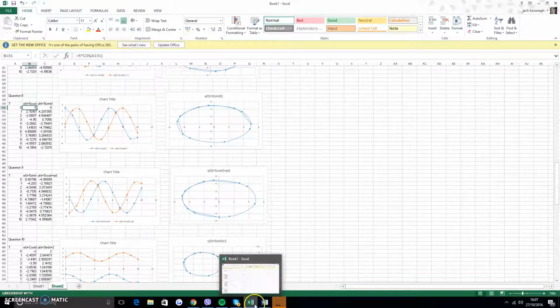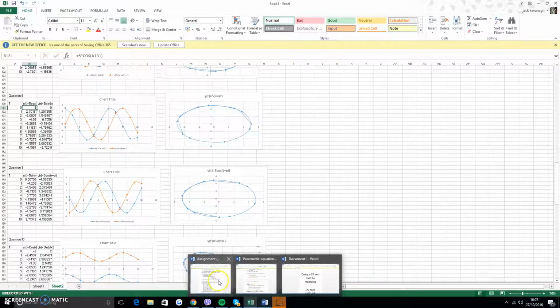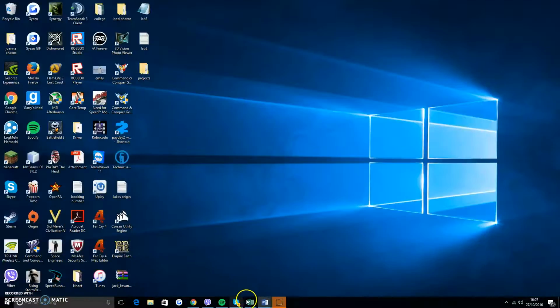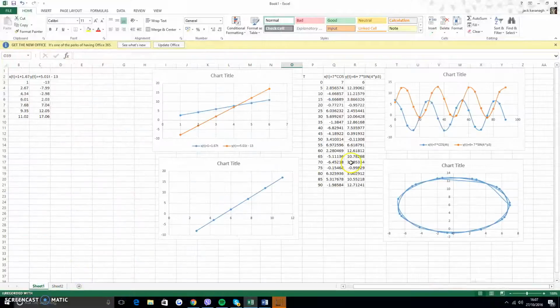And that is everything then. Just for this one, we wanted it to start at 7. We needed the first point to be 7, 6. So we moved it over 7 to give it a radius, and then we put it up 6 as the first point, giving us here. So we added the 6 on in front of the sine.